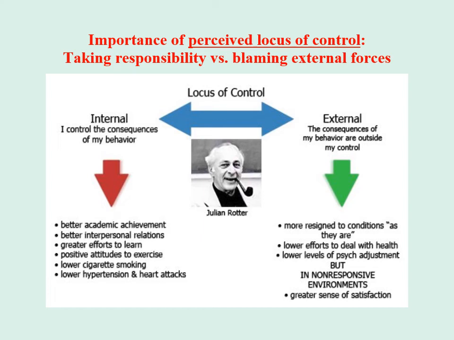External control, on the other hand, is more likely to produce a resignation to the conditions as they are, lower effort to deal with health issues, lower levels of psychological adjustment, and a belief in a non-responsive environment. Of course, blaming the outside world can also have some benefits. They produce a greater sense of satisfaction because you blame yourself less for what happens to you.